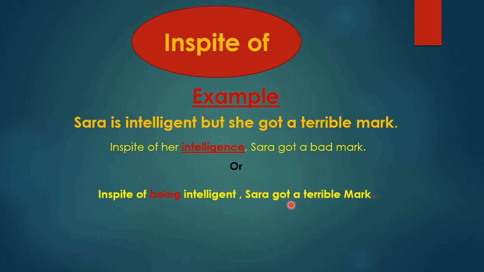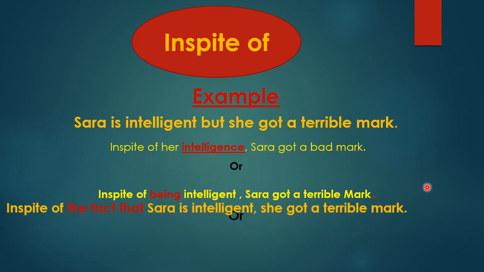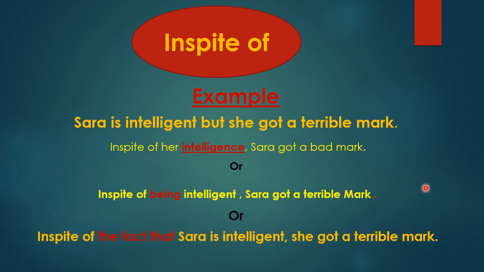Let's see the second possibility. In spite of being intelligent, Sarah got a terrible mark or a bad mark. So here we have used again in spite of plus ing form, that is to say, gerund. Look at the third possibility.